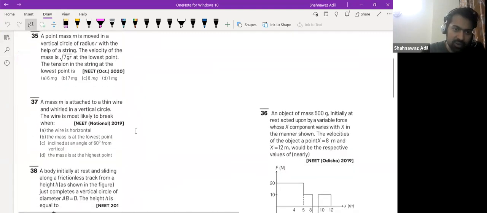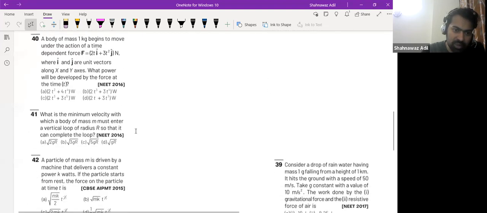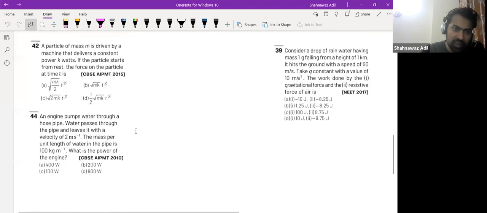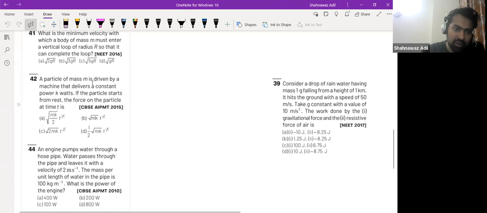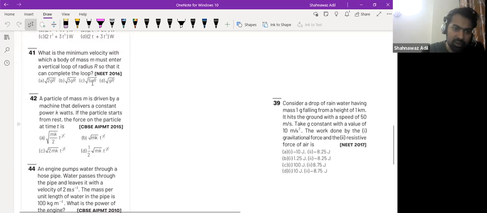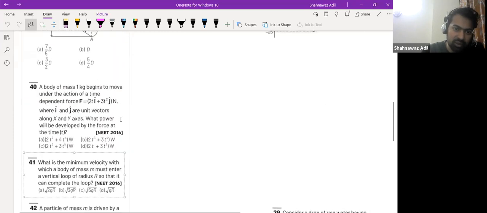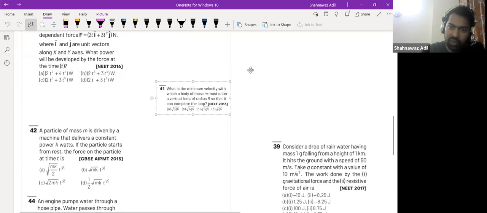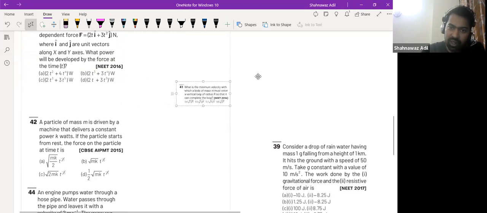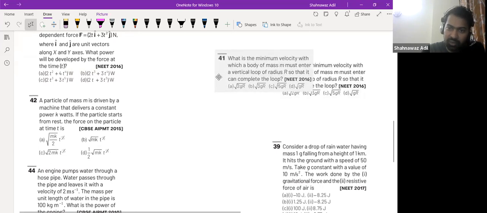Okay, so there are three or four questions which are dependent on this. This one we don't need to write, but you can directly take.